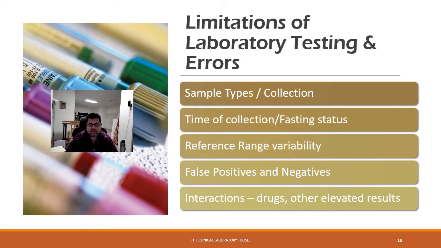Recall that lab medicine is usually divided into three main phases: pre-analytical, analytical, and post-analytical. Data has shown that problems related to specimen collection are the main causes of pre-analytical errors.